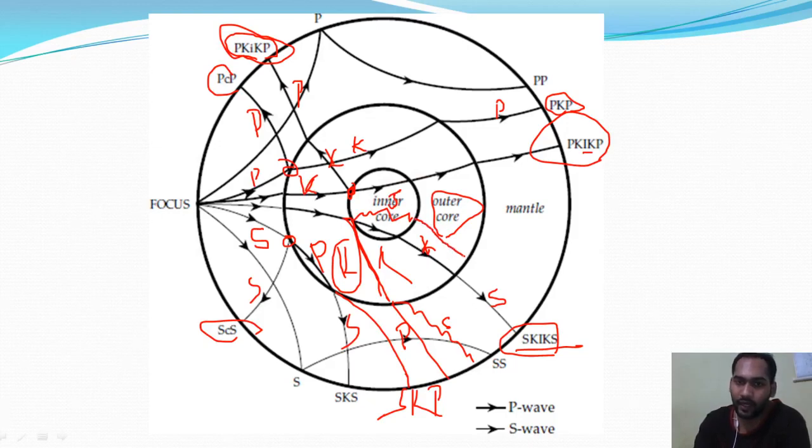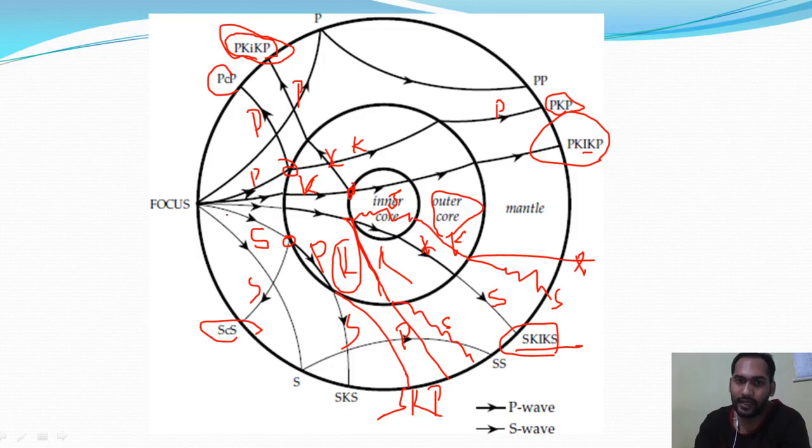Then again it will become K, because in outer core S cannot travel, so it is K. Then here it can travel as P or it can travel as S, right? So the combination will be S, K, J, K, P, or S, K, J, K, S. S, K, J, K, P means S in mantle, then P in outer core, then S in inner core, then P in outer core, then P in mantle.